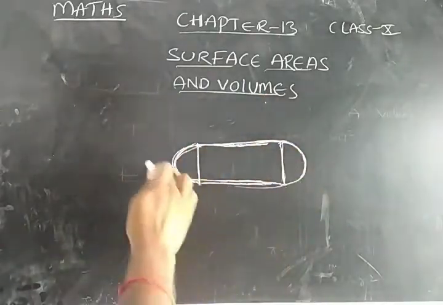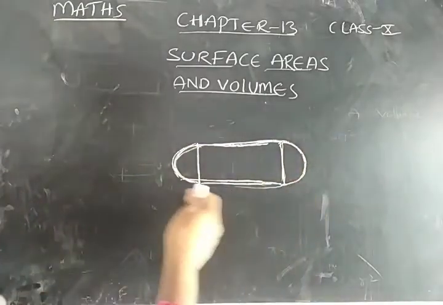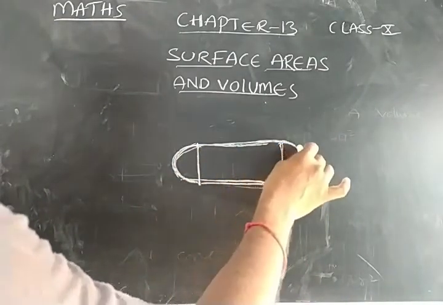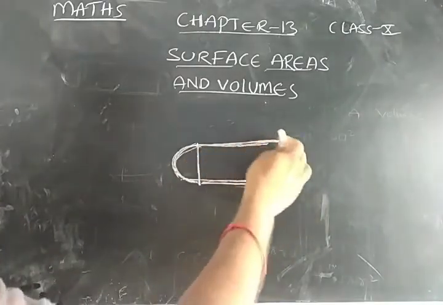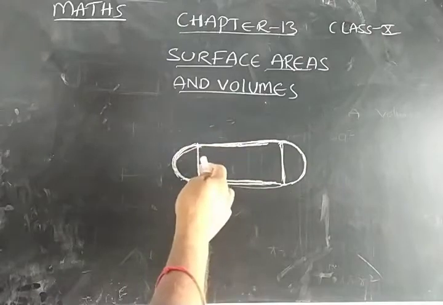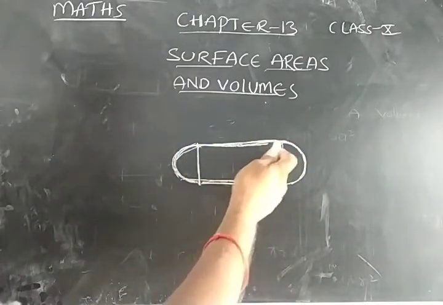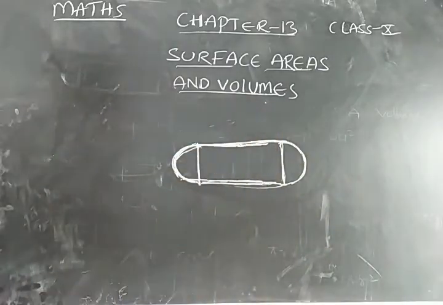We can find the TSA, total surface area of this oil tanker. How to get it? By adding the LSA of the hemispheres, 2 LSAs of hemisphere, plus the cylinder's curved surface area, we get the total surface area of the tank.